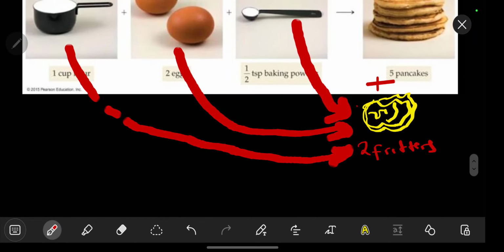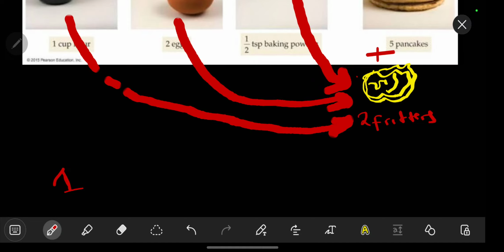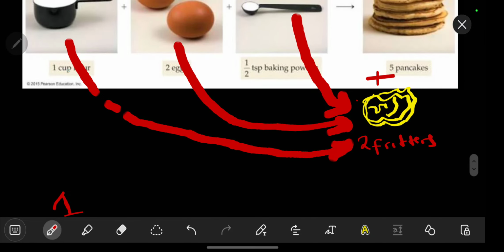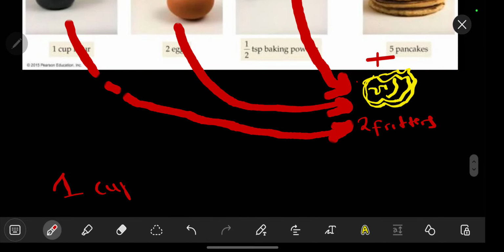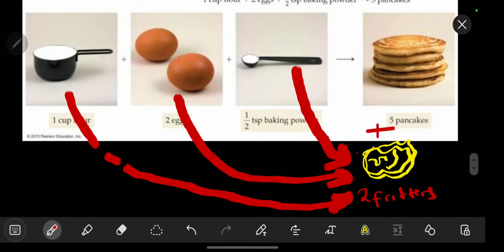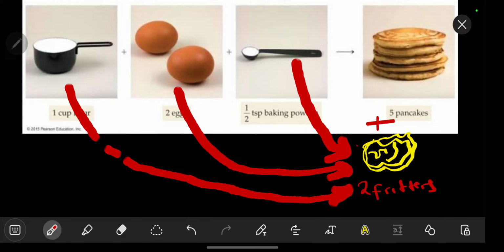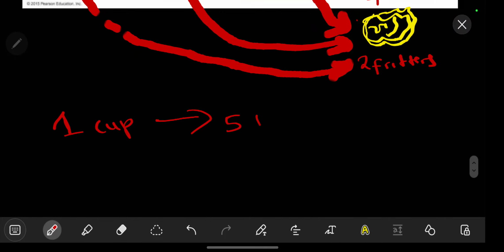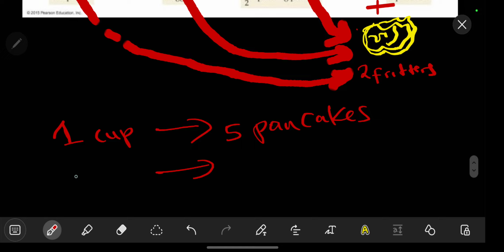That means, if you have, let's say for this one, you need 1 cup. So you are going to say 1 cup of flour should be equal to, what do you have? You have 5 pancakes. So as long as you have 1 cup of flour, you are going to have 5 pancakes. Now, let's say you choose to increase to 2 cups.